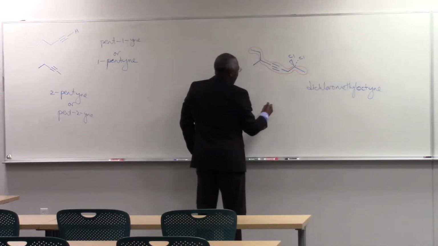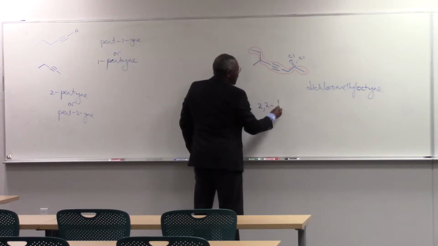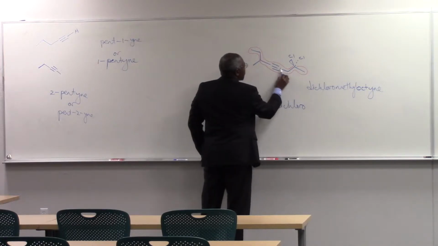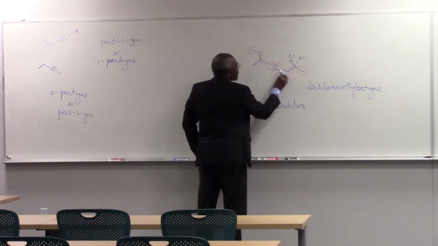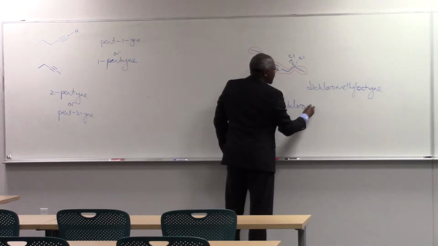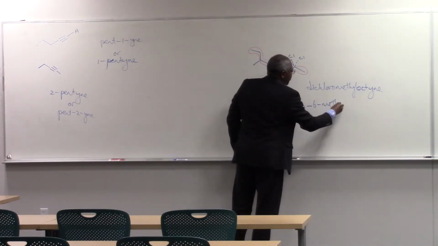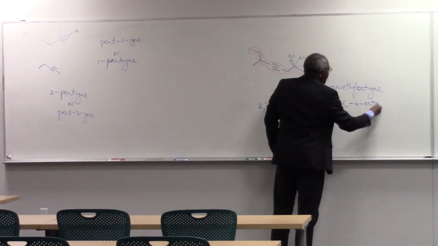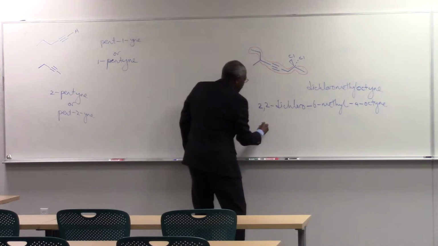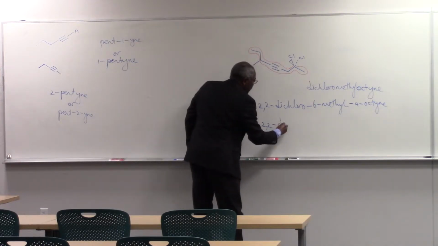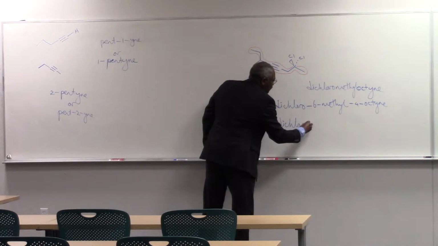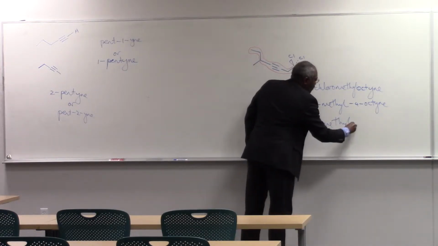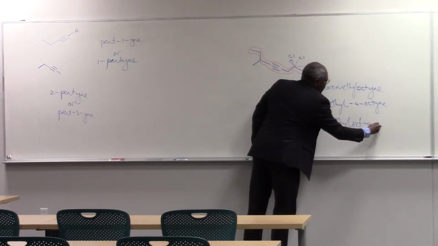So that's going to be 2,2-dichloro, 1, 2, 3, 4, 5, 6, 6-methyl, and I'm going to say it's 4-octyne, or 2,2-dichloro-6-methyl-oct-4-yne.